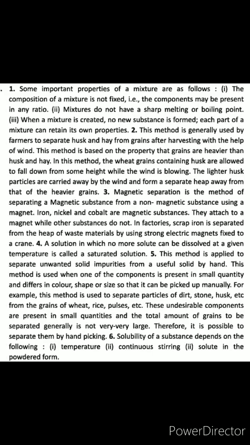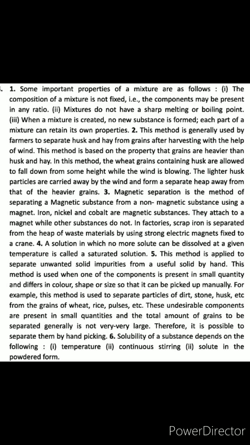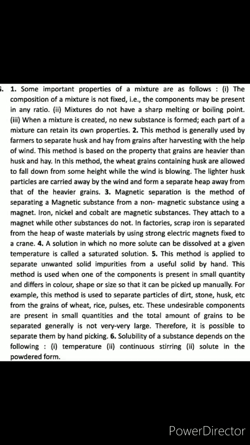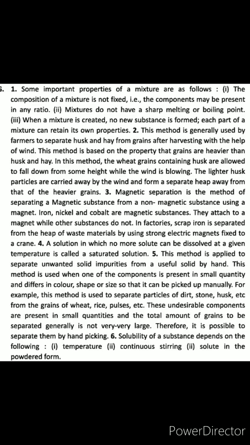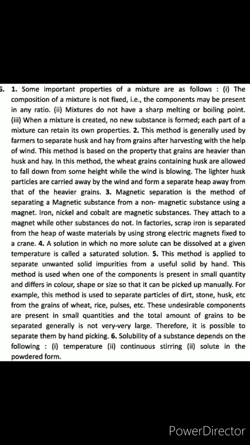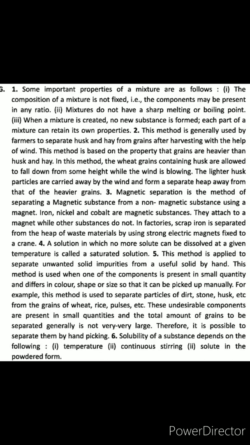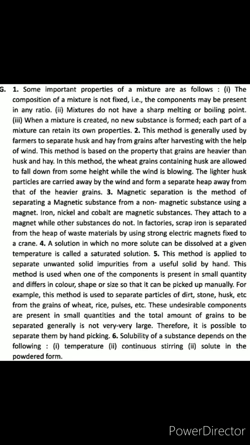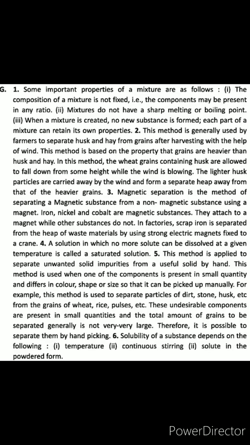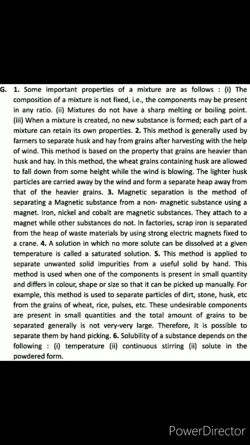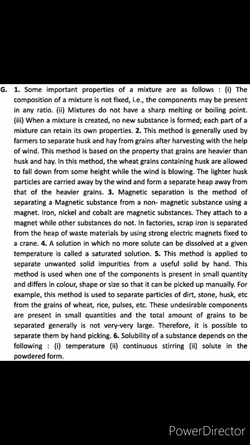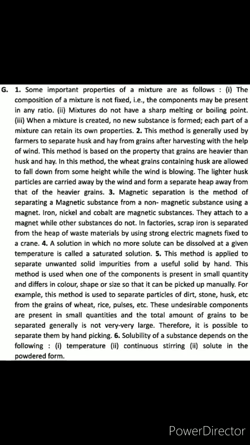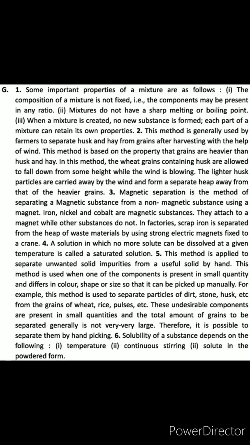This method is applied to separate unwanted solid impurities from a useful solid by hand. This method is used when one of the components is present in small quantity and differs in color, shape, or size so that it can be picked up manually.